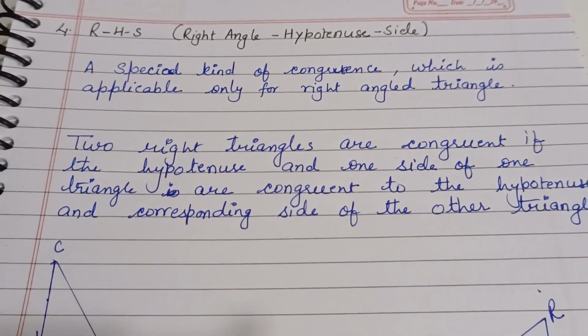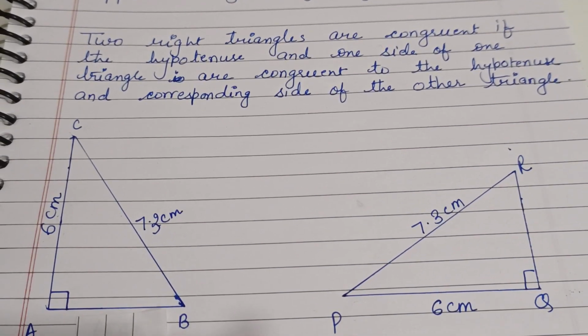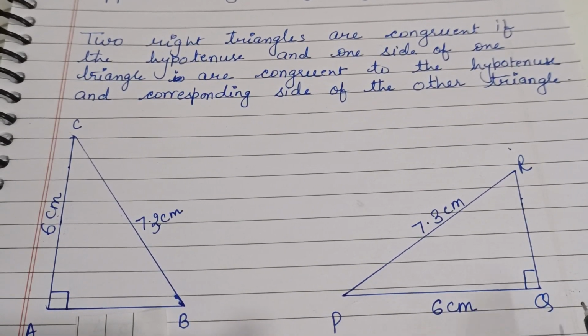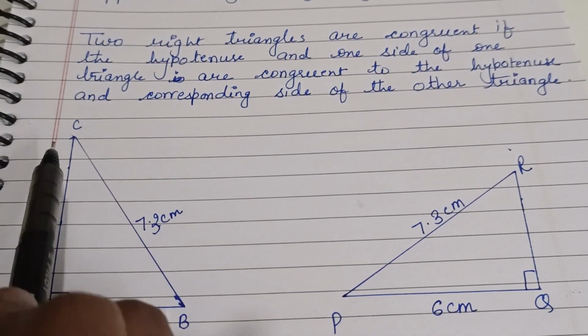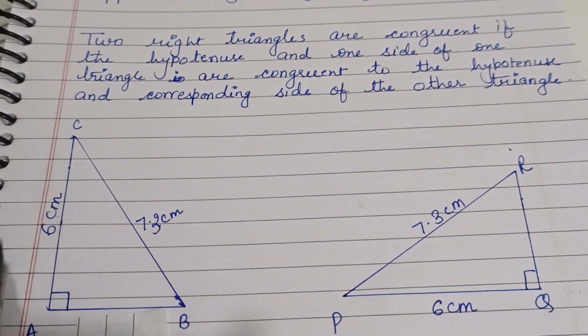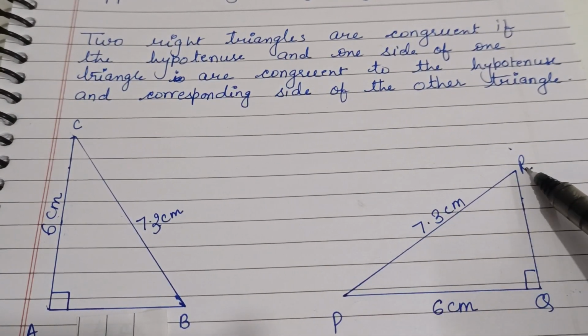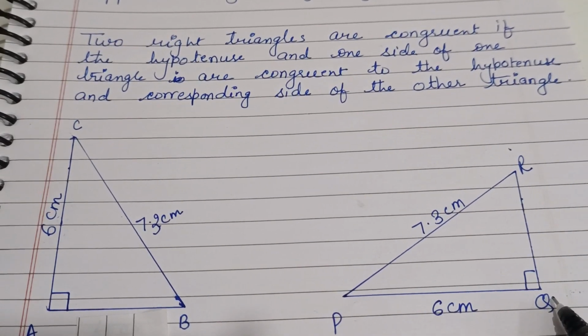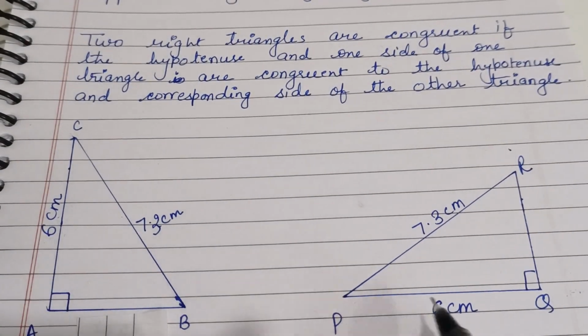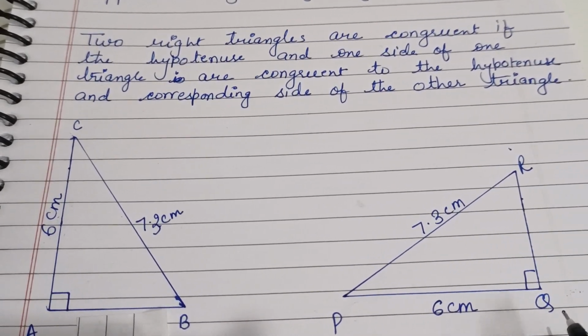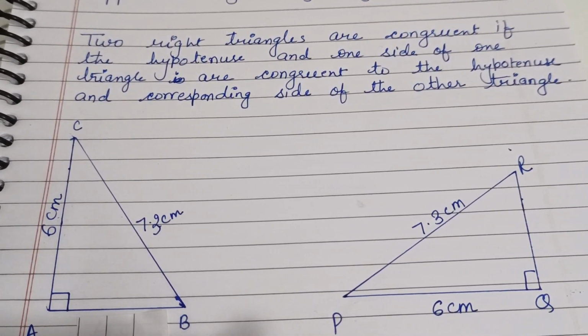For example, here we have taken two right angled triangles. One triangle is ABC and another triangle is PQR. I can see that the hypotenuse BC of triangle ABC is equal to the hypotenuse PR of triangle PQR. Similarly, one side AC of triangle ABC is equal to PQ of triangle PQR. Now, can we say that they are congruent to each other?